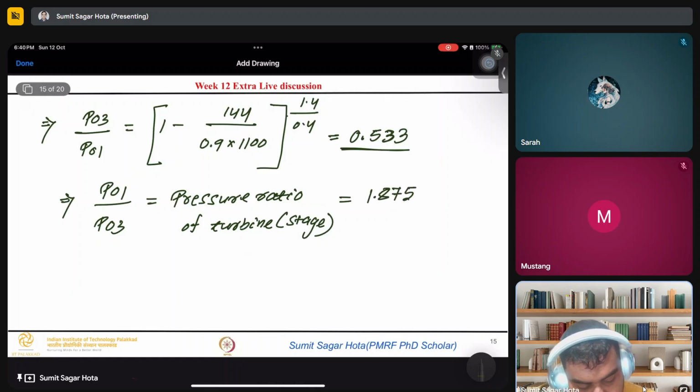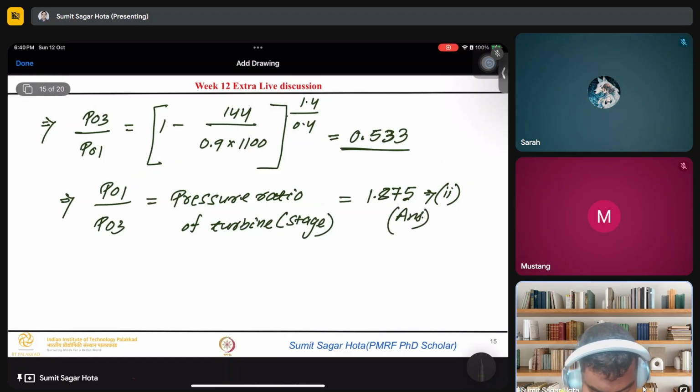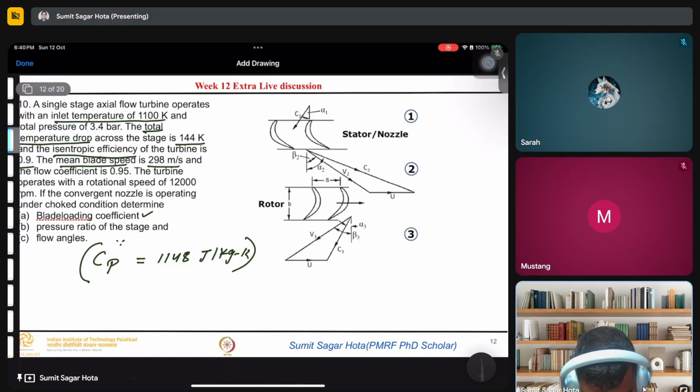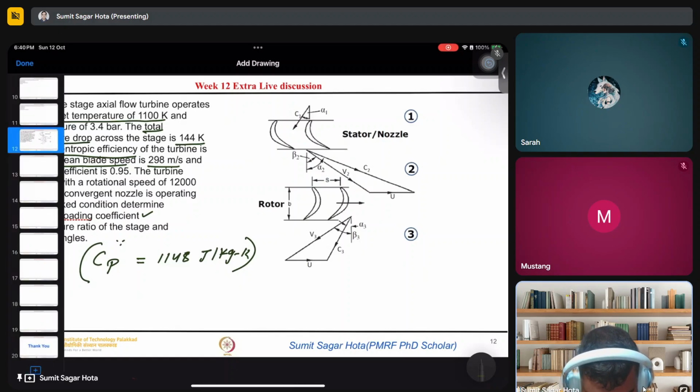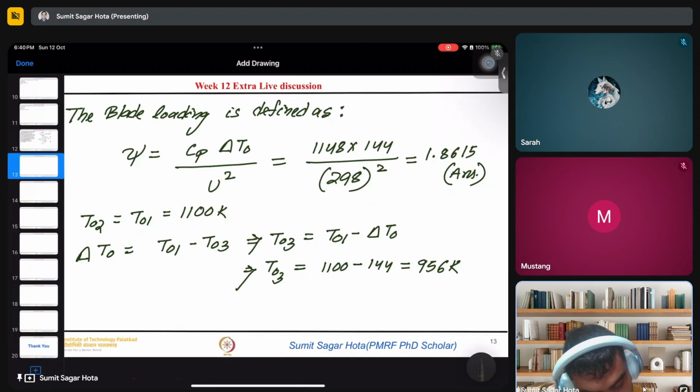Okay, this is your second bit answer. Second bit or B? B. This is the answer of your A.